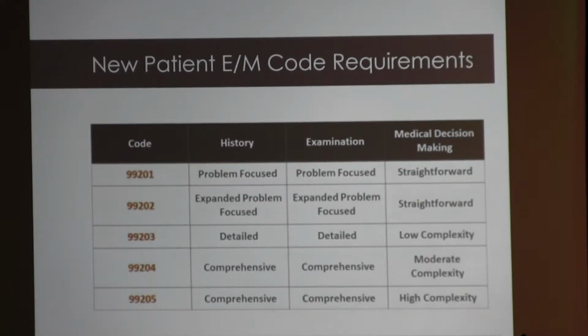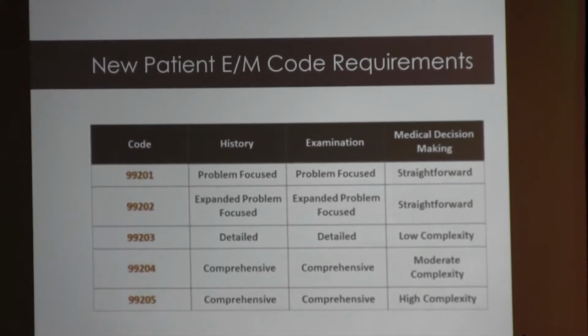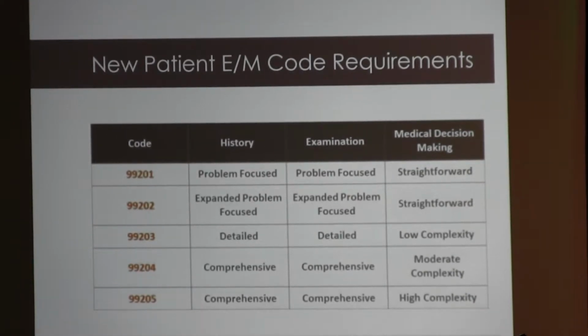So in general, this is the way that it goes. We want to be at 99205 all day, every day. So history, physical exam, and medical decision-making need to be within that realm. First patient, all three have to be considered. Follow-up patients, 2 of the 3 have to be of high complexity and comprehensive.